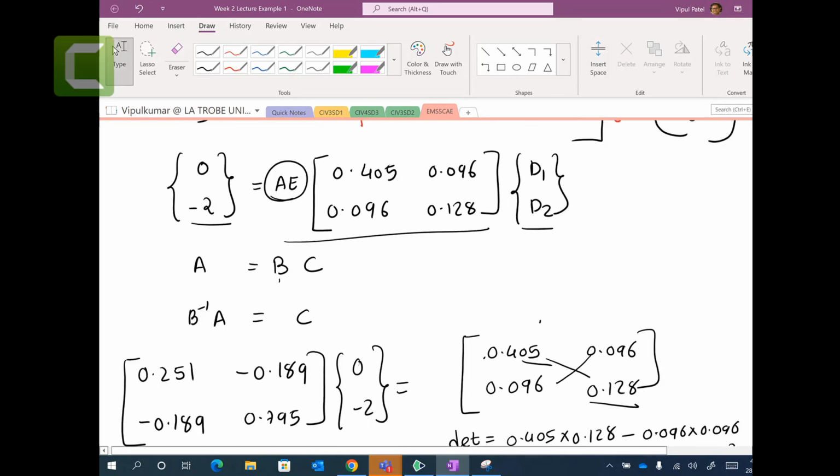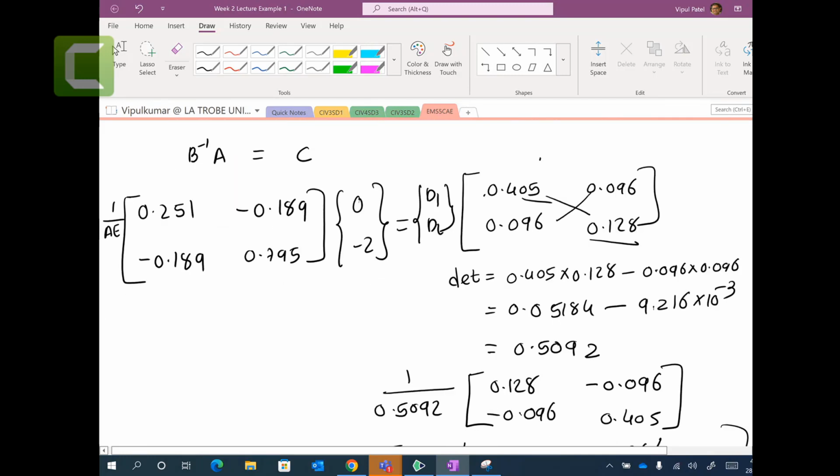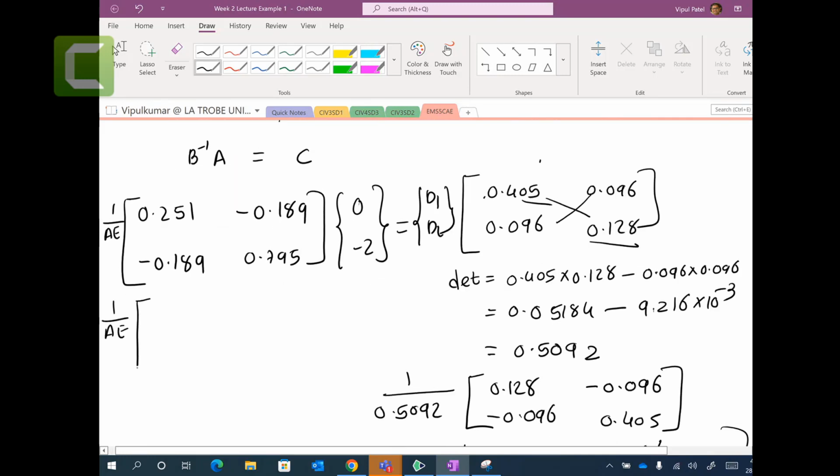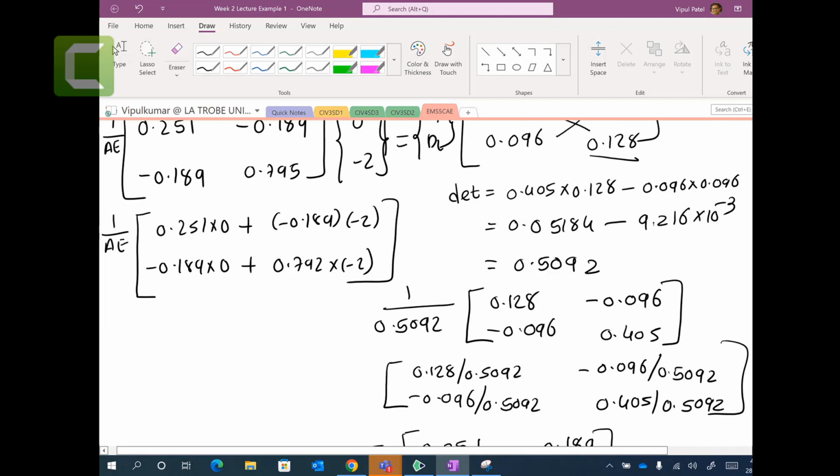For AE, you can just put 1 over AE here. We don't need to worry because it goes to the other side, which is D1 and D2. So you can just leave AE outside and do this: 0.251 times 0 plus minus 0.189 times minus 2, and minus 0.189 times 0 plus 0.795 times minus 2.